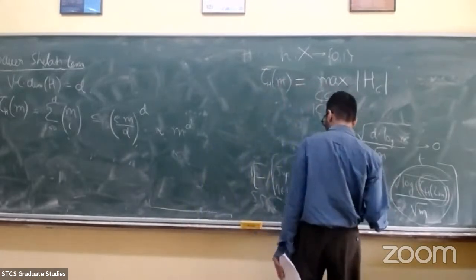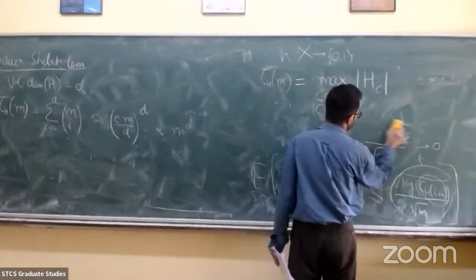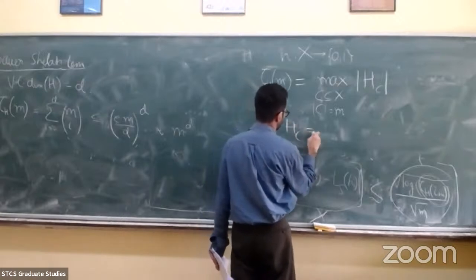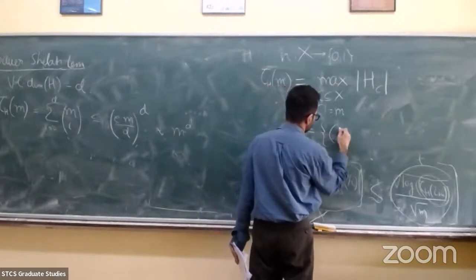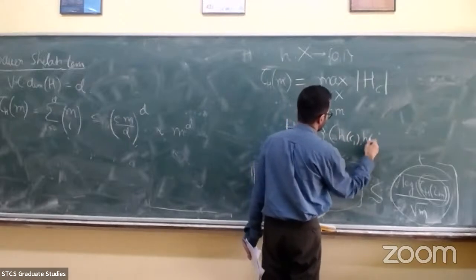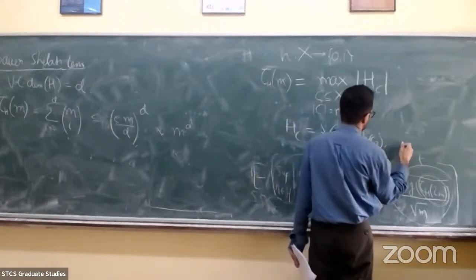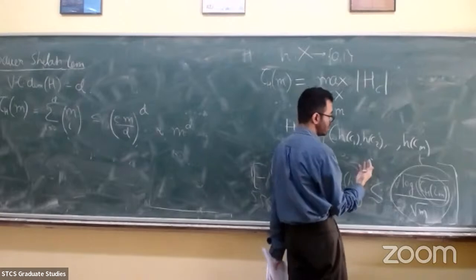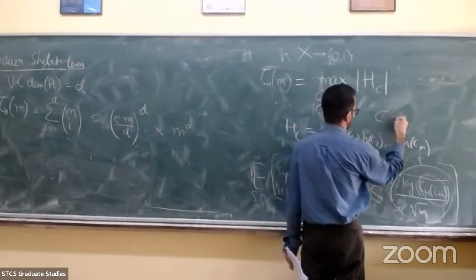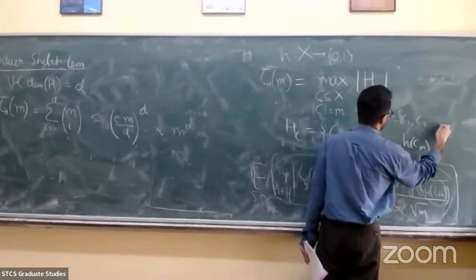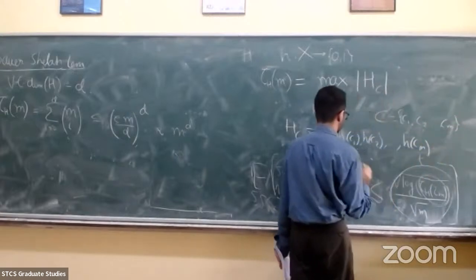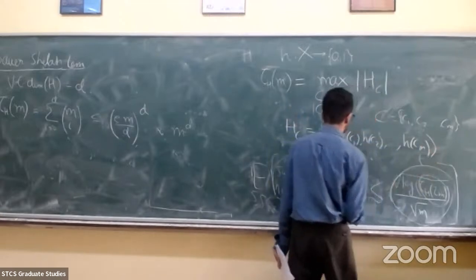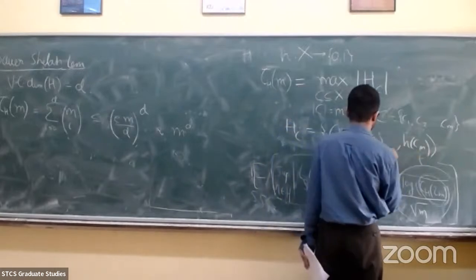So, write H_C again. H_C here was (h(c1), h(c2), ..., h(cm)). So look at the function induced on the set C, which is ordered as c1, c2, and so on. This is the function induced on C by h, and we want to ask how many distinct functions can be induced.